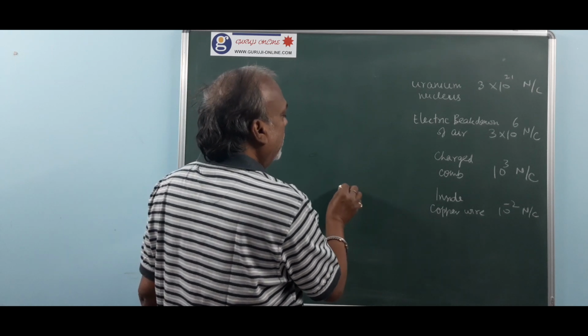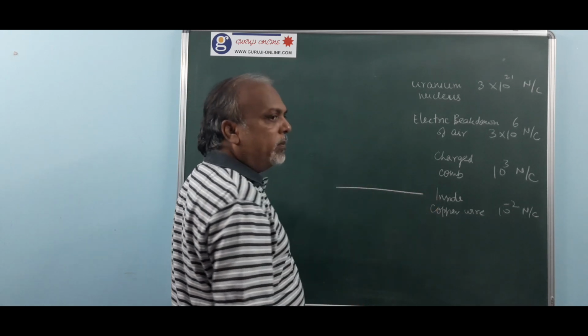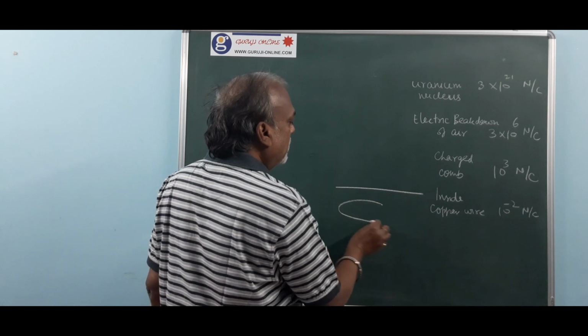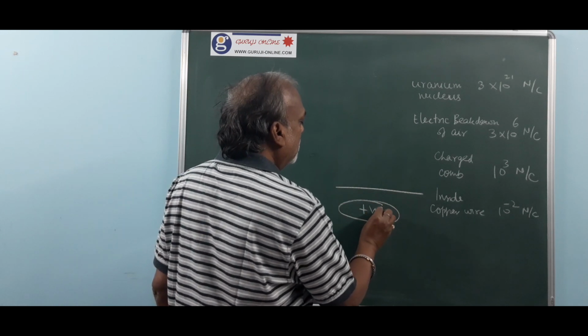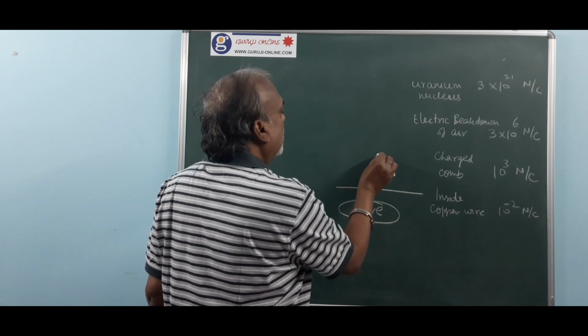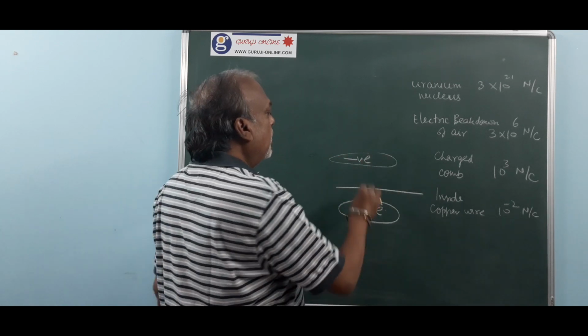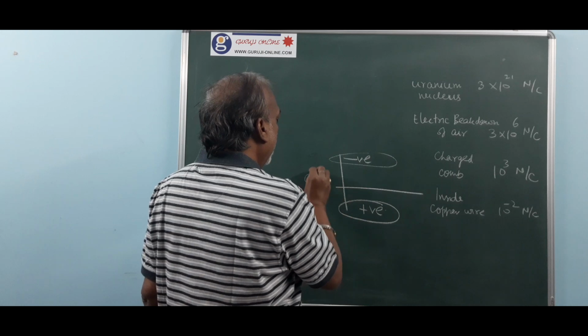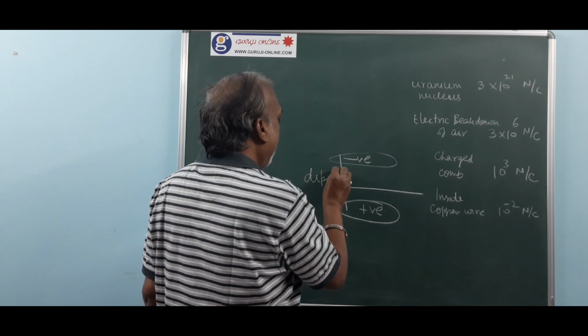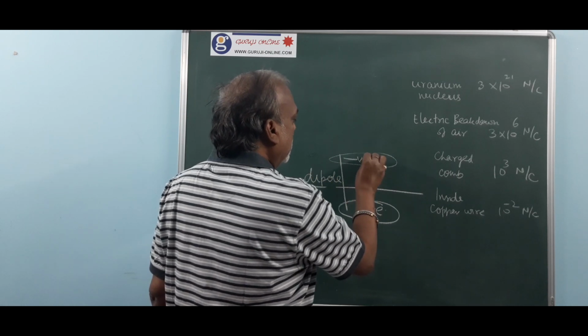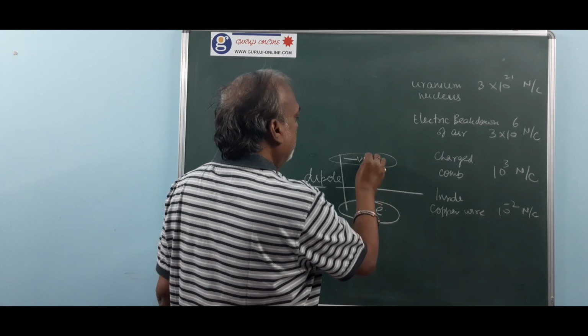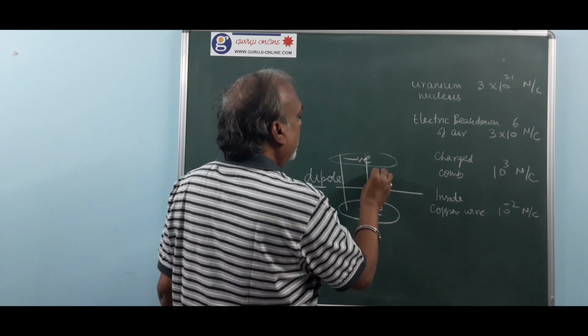You must have seen, suppose there is a ground. This is your positive charge, and these are your clouds. This is your negative charge. Right? So this acts as a dipole. Now, this is the axis of the dipole.